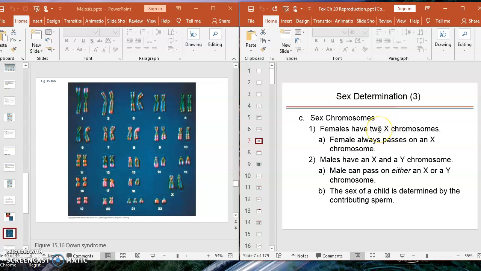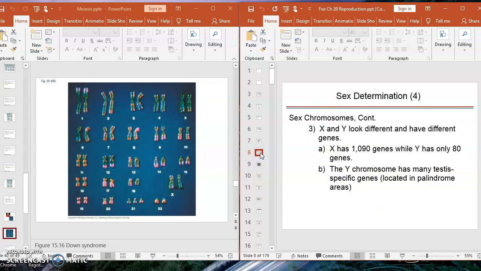Now realize, she got one of her X's from dad and one from her mom, but she could pass on an X. The male has an X and a Y, so all that male can pass on would be an X or a Y. So essentially, if he passes on a Y, then it is a male. So really the determination of the sex is based upon the contribution of the sperm.